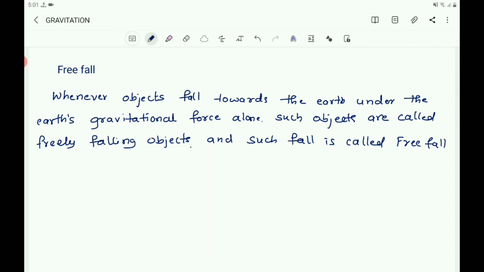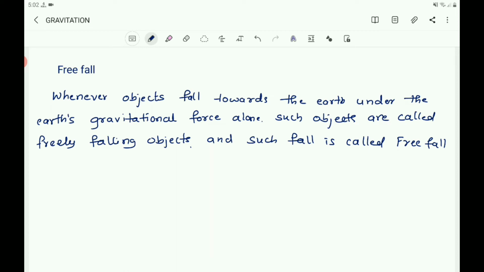So you write, whenever an object falls towards the earth, an acceleration is involved. This acceleration is due to the earth's gravitational pull and it is called acceleration due to gravity.